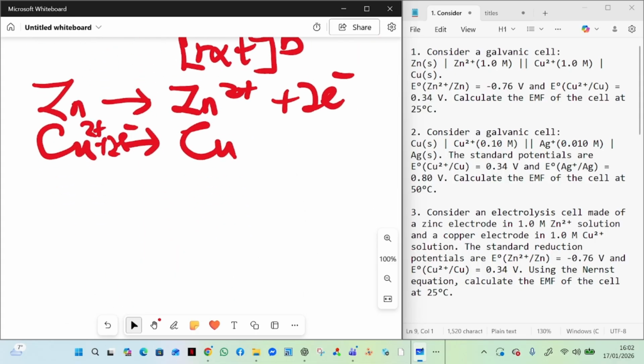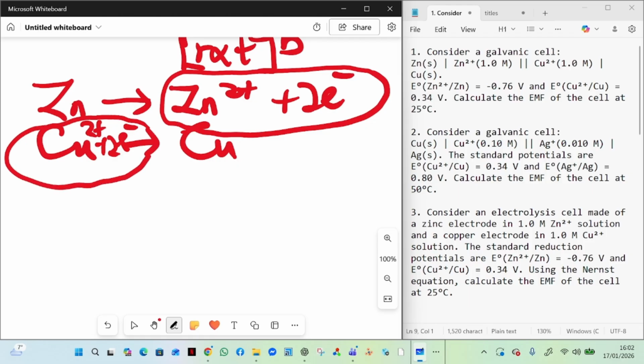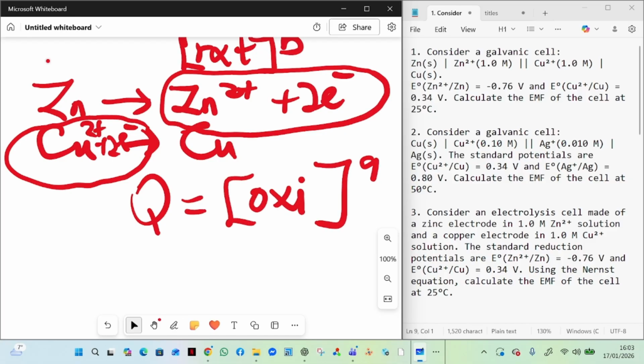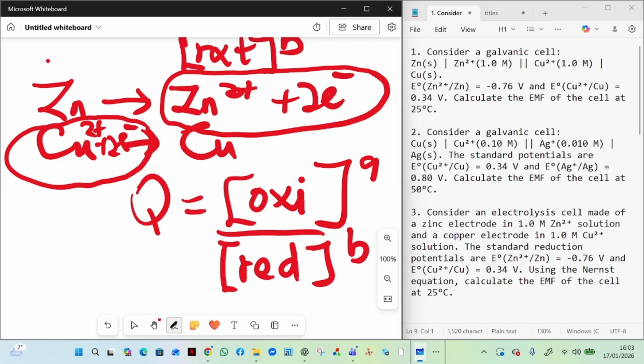So we can now say that, based on these equations, the electrolyte of the oxidation half is at the product side and the electrolyte of the reduction half is at the reactant side. So Q should be equal to the concentration of the oxidation electrolyte raised to the power a over the concentration of the reduction electrolyte raised to the power b, where a and b are the stoichiometry of the electrolytes.